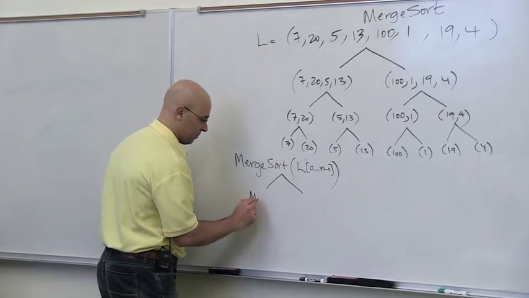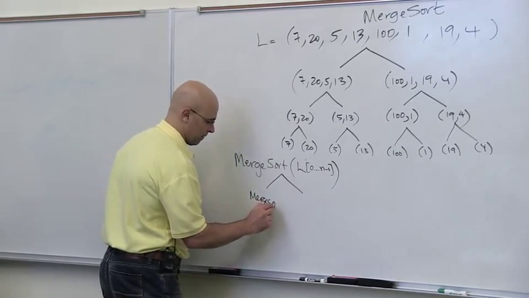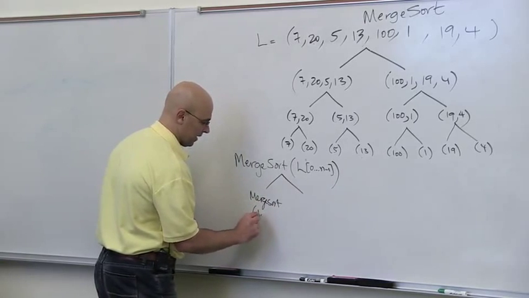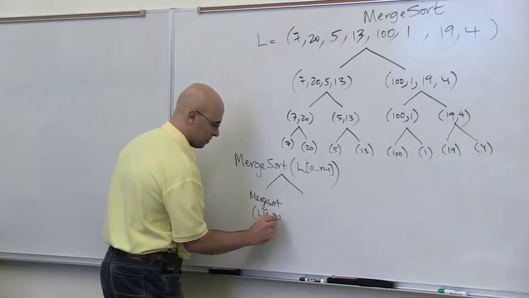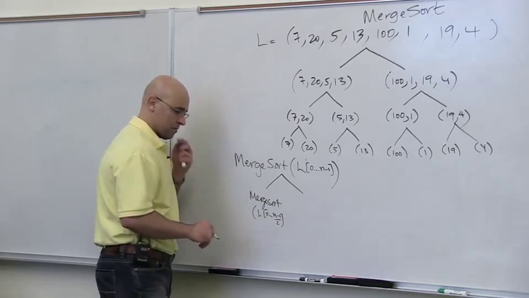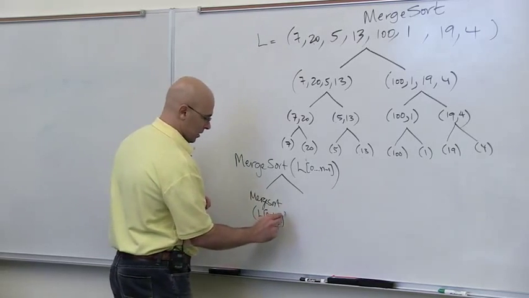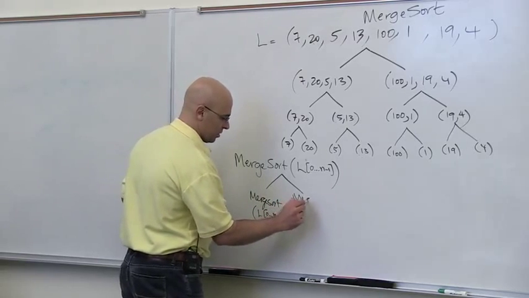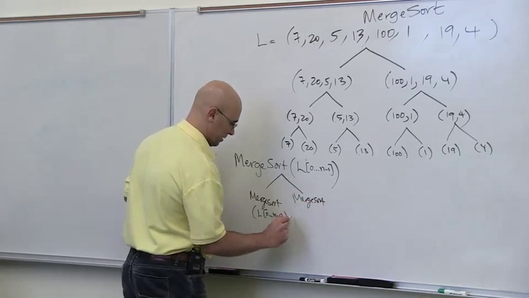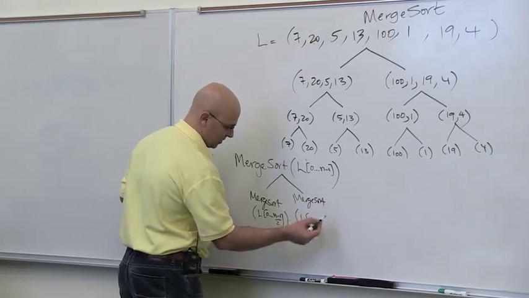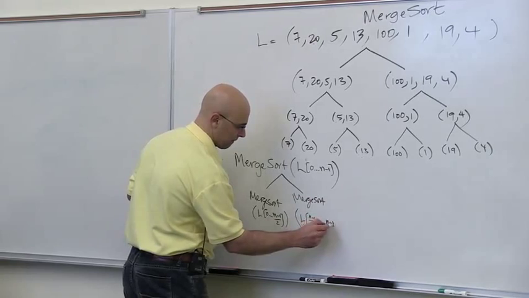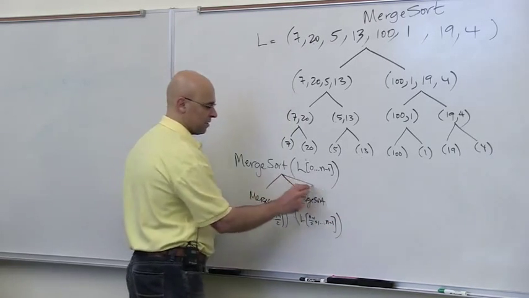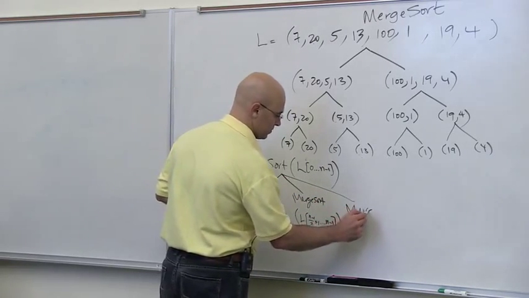It's going to do MergeSort on L, the first half. Then it's going to do MergeSort on L, the second half, up to n minus 1. And then it's going to do the merge of these two.